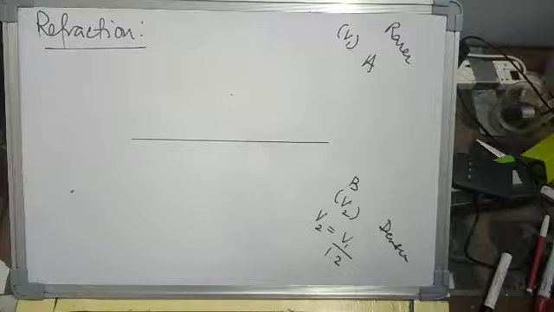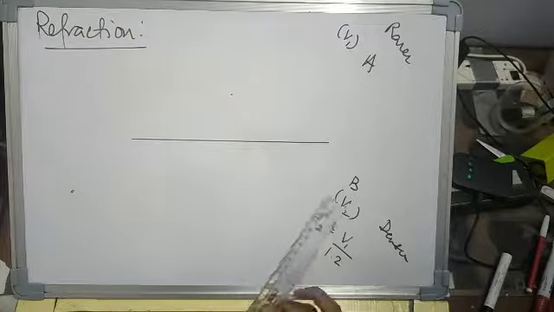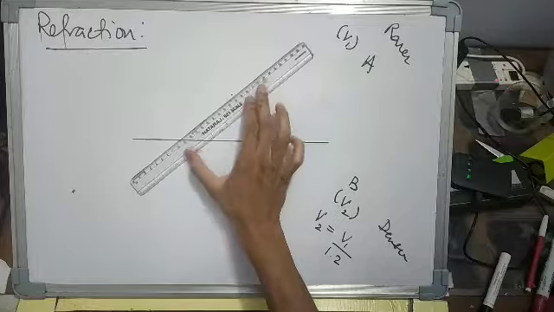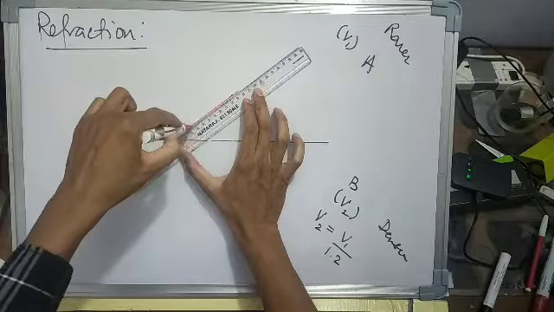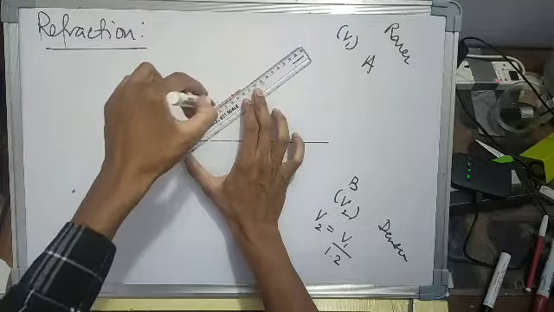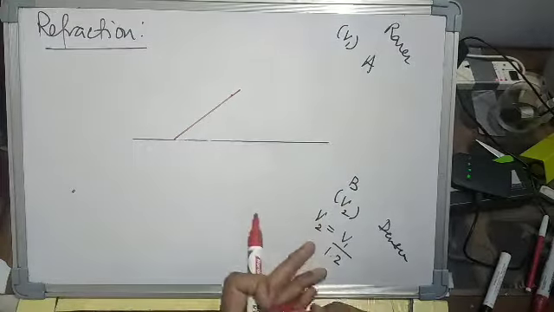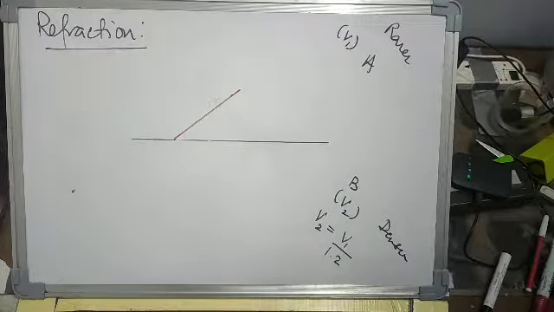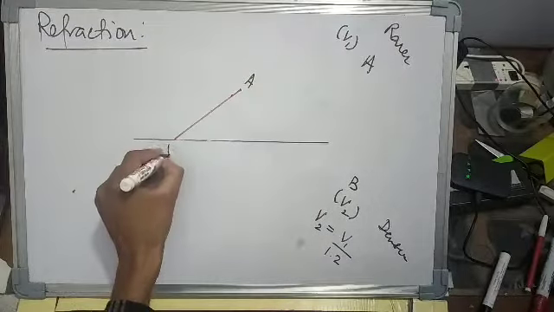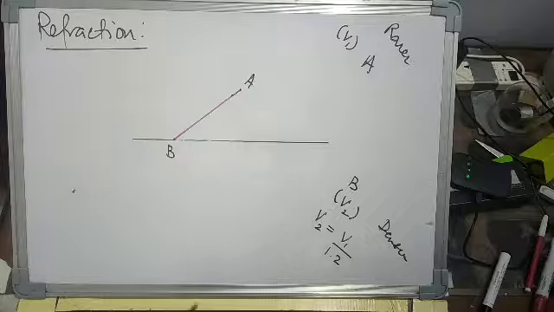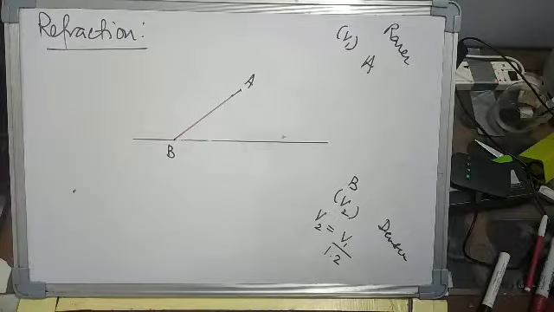Now there is a wavefront being incident. I'll draw the wavefront with the help of the red color. So that's the incident wavefront. AB is the incident wavefront such that this is point A, this is point B. So light rays are coming like this.